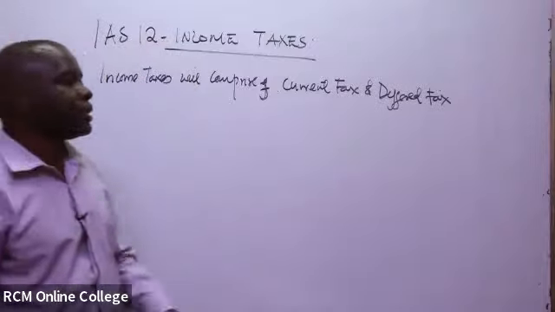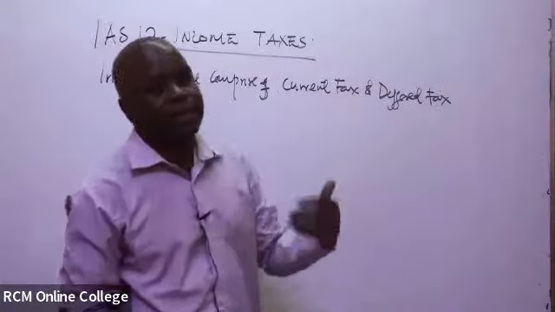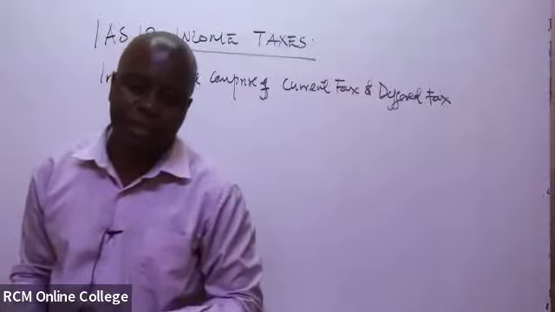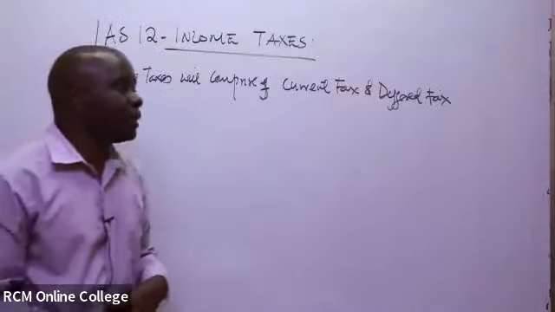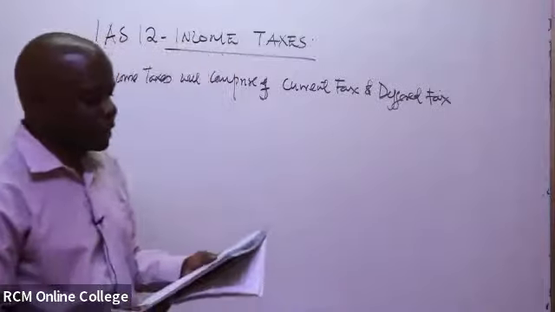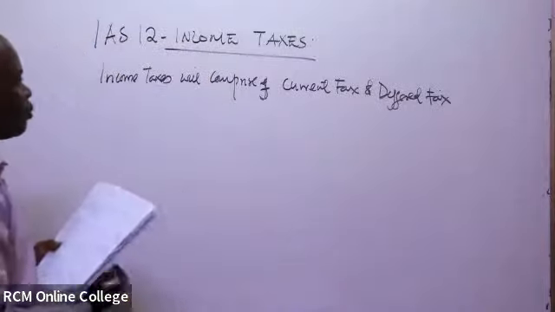When you talk about deferred tax, it is the tax that you have deferred, that you will end up meeting or paying maybe later on in future. So what is a current tax?